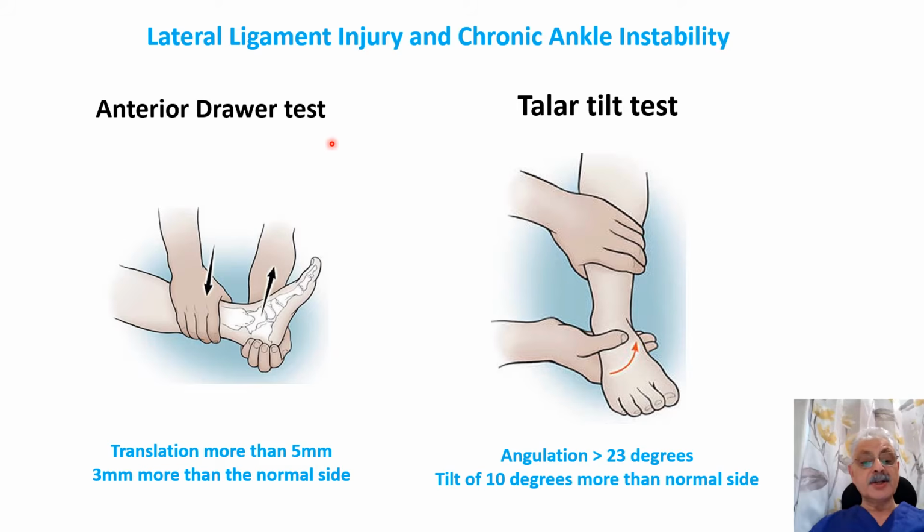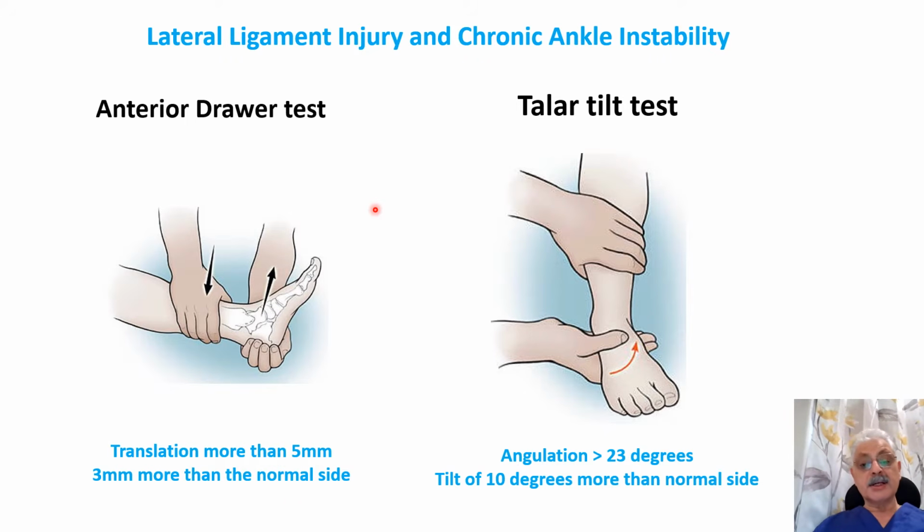In the anterior drawer test, we try to translate the talus anterior to the ankle joint, and if this translation is more than 5 millimeters or 3 millimeters more than the normal side, then the test is considered positive. Similarly, we try to tilt the talus in the ankle mortise, and if this tilting is more than 23 degrees or 10 degrees more than the normal side, then it is considered positive.